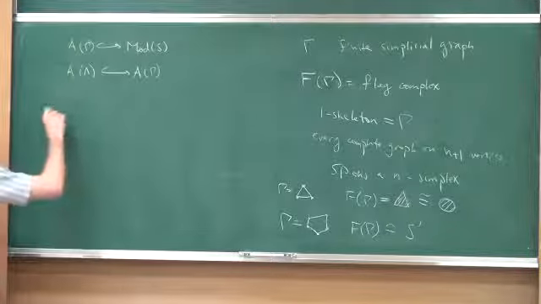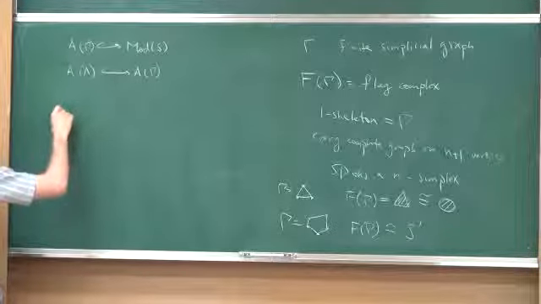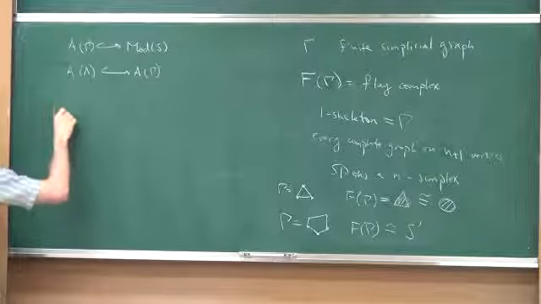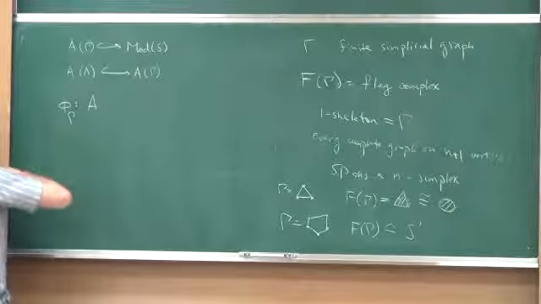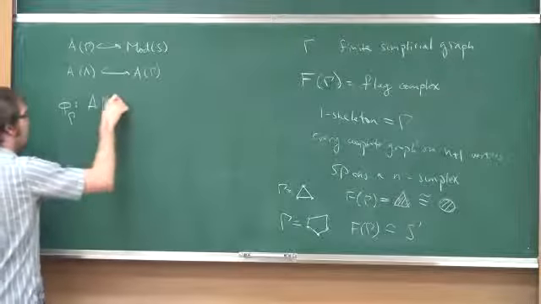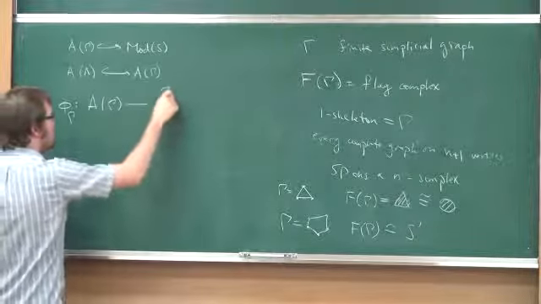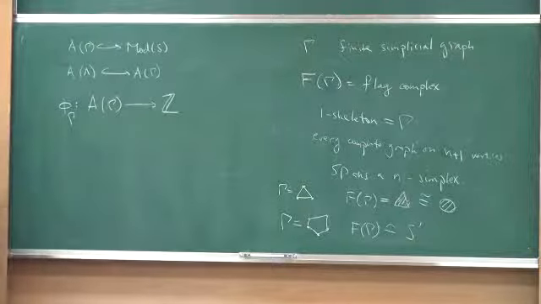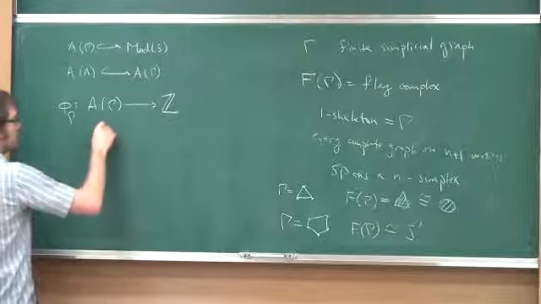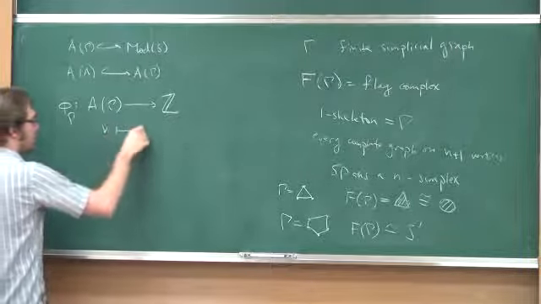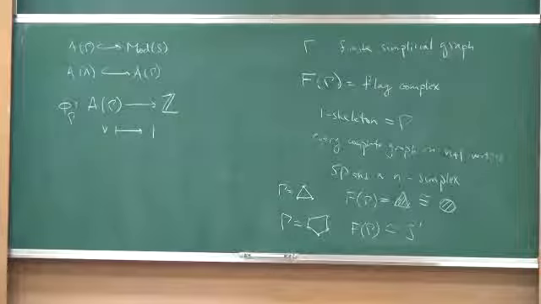So consider the homomorphisms phi gamma, which depend on the graph gamma, from A of gamma to Z, and they take each vertex v to the generator 1.